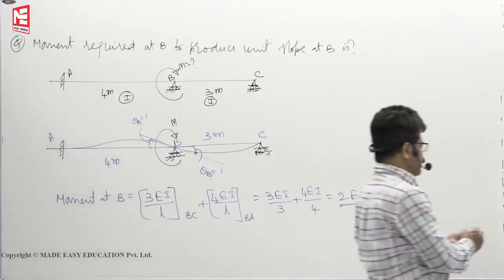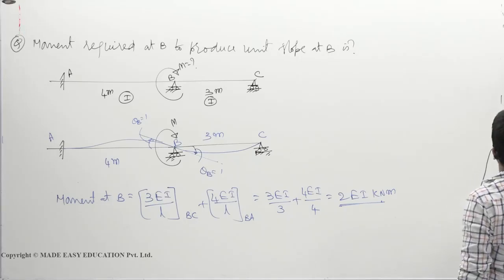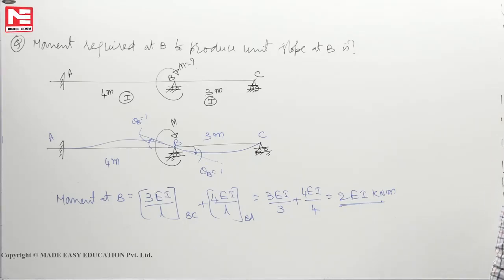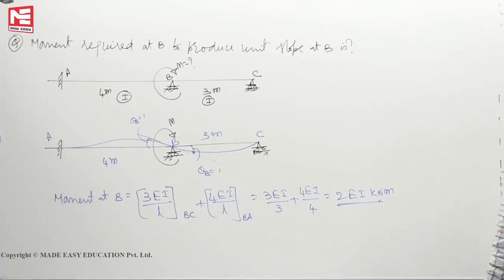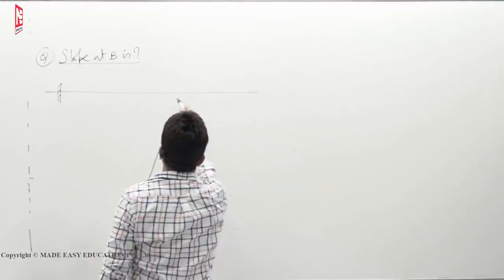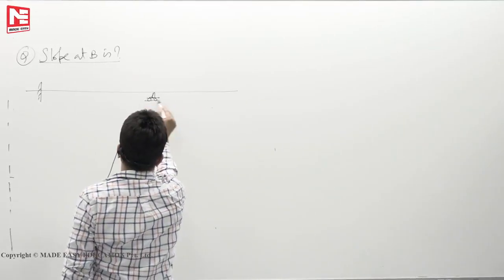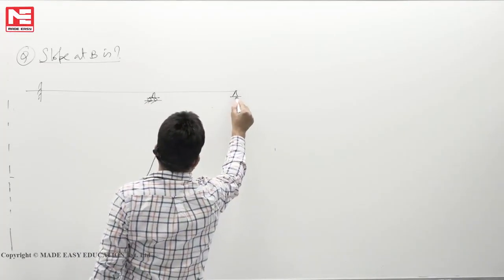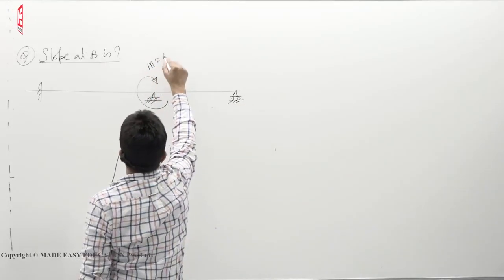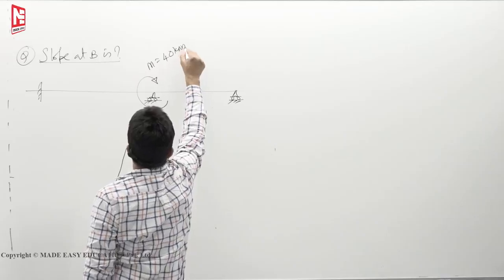This is one way. Another way is they give you moment. They will ask you to find slope. Slope at B is, assume that you are applying a moment of say 40 kilonewton meter.